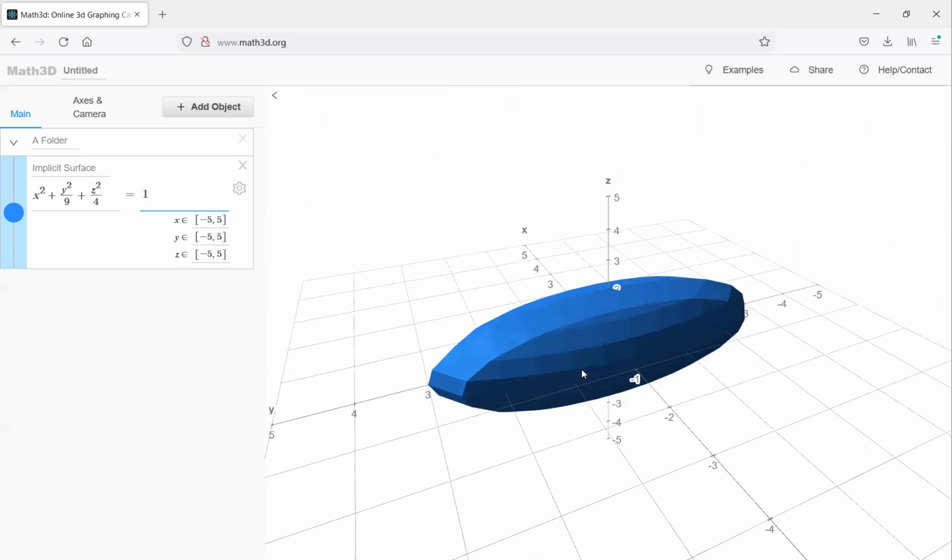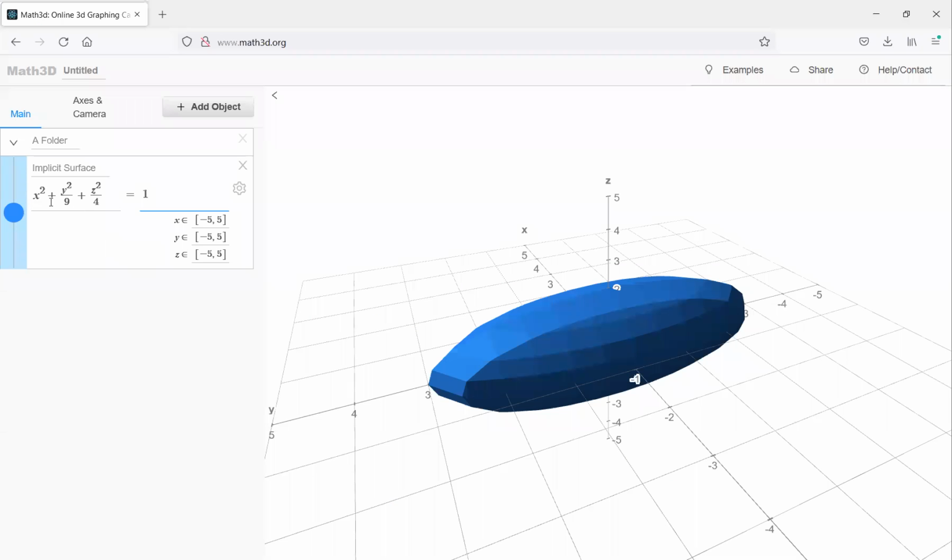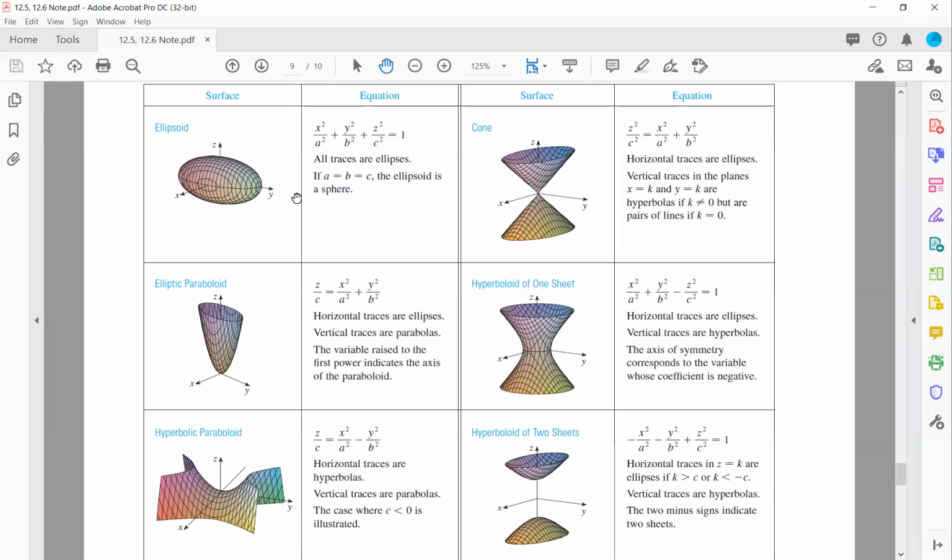Well, okay, let's take a look at our set. As you can see, the object and the formula representing that object is an ellipsoid. x squared over 1 plus y squared over 9 plus z squared over 4 equals 1, which is an ellipsoid.